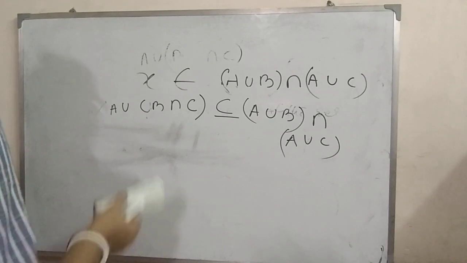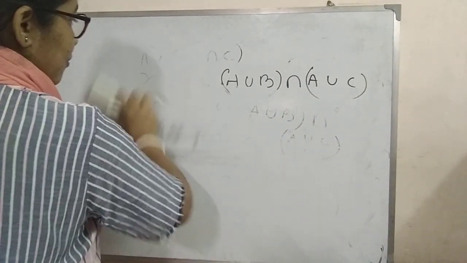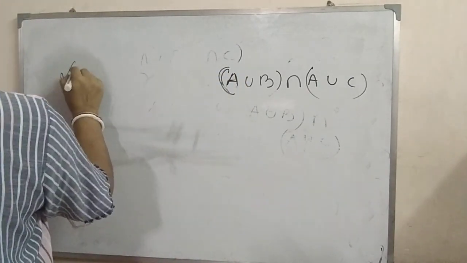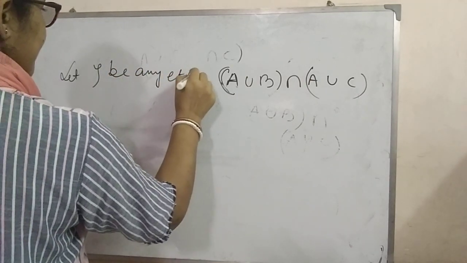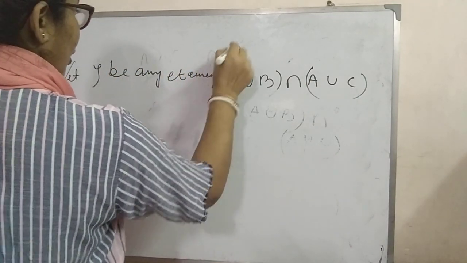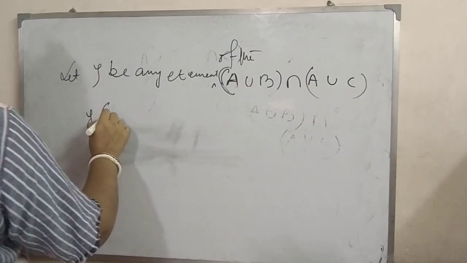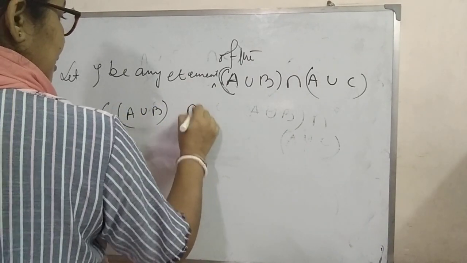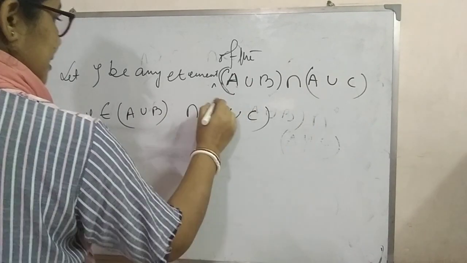Okay, next I will prove it from the right hand side. That means let Y be any element of the set. That means Y belongs to (A union B) intersection (A union C).